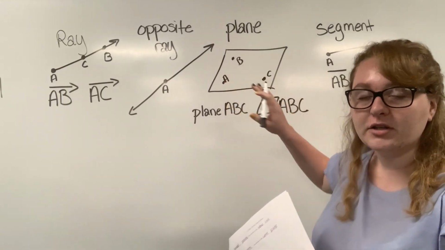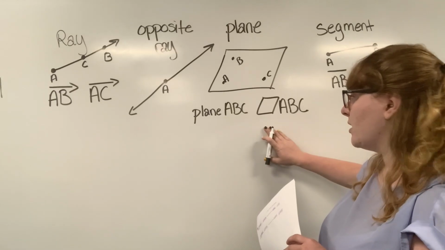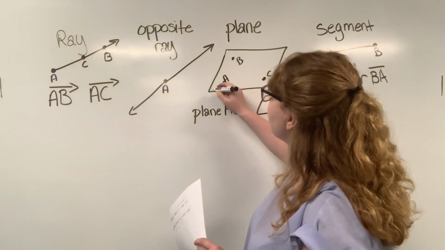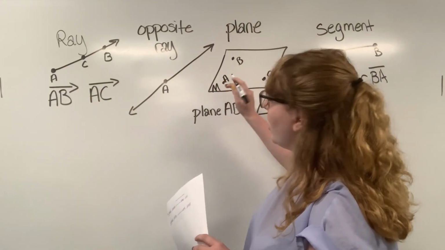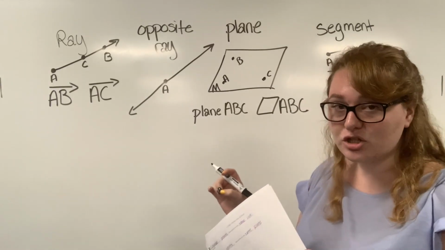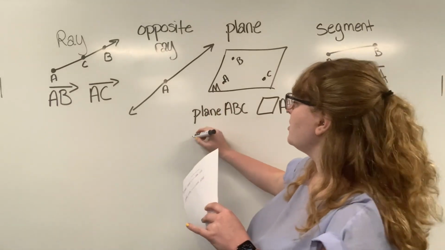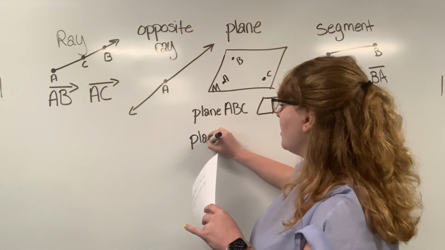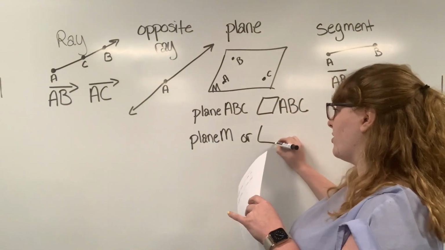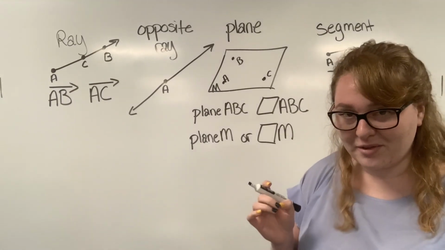These both refer to this plane. Okay, either write plane ABC or draw a parallelogram ABC. The second way that you can name these is if there is a letter in one of the corners that does not have a dot next to it, then that is the name of the plane. So this would be plane M, or you can draw the parallelogram and write a capital M as well.